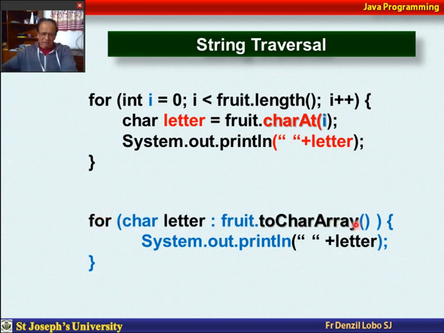So for each character letter in this array, every letter one by one will be printed, as we have done in the case of an integer array. This way I can either use charAt or convert the string into a character array and print each letter present in the string.